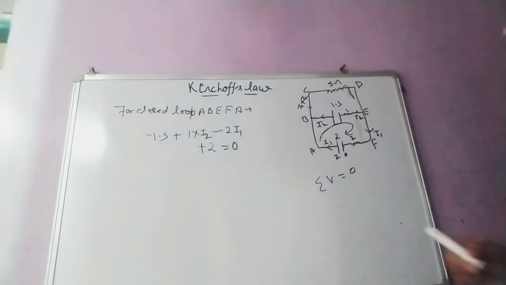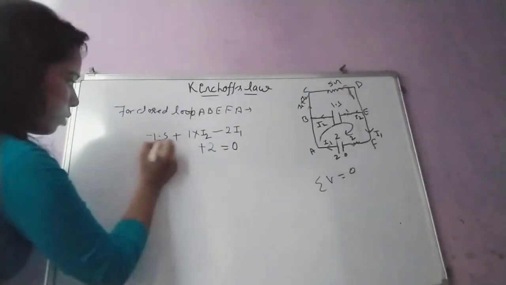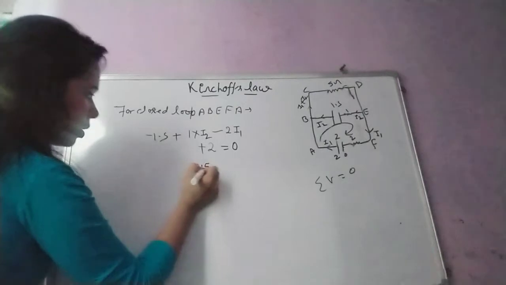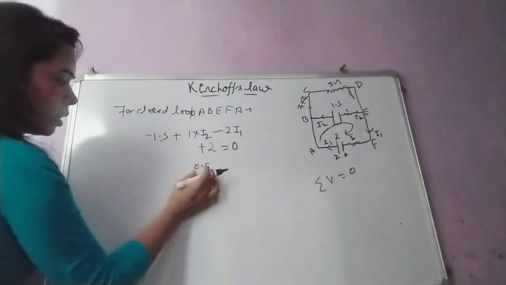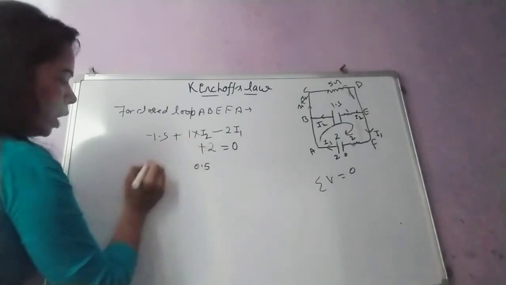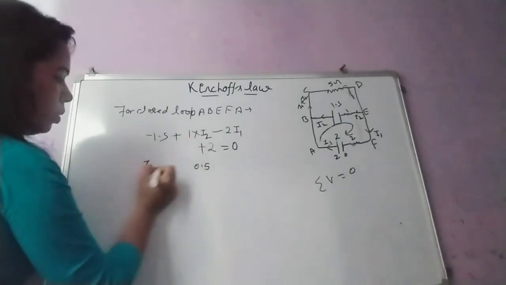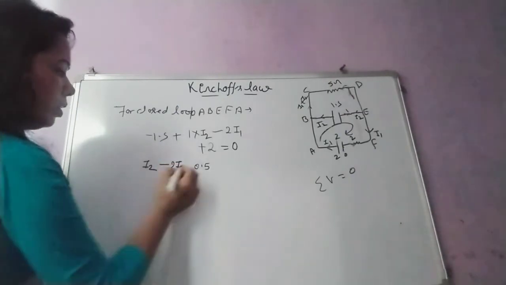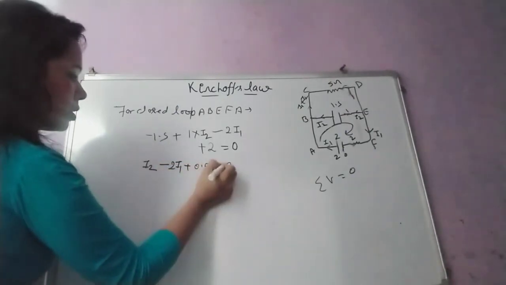Okay, so I will write here, I will solve it. Minus 1.5 plus 2, that is 0.5. When you subtract it, now 1 into I2, so that is I2 minus 2I1 plus 0.5, that is equal to 0.